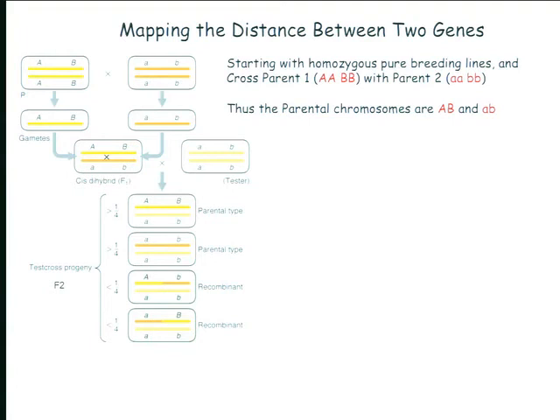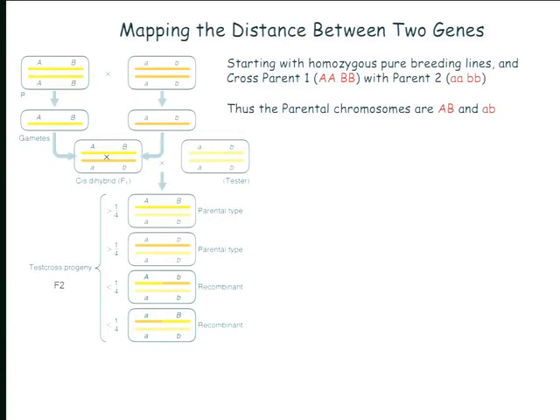Big A, big B from this parent, little a, little b from this parent. So these 2 alleles are going to come together in the progeny. And then we're going to cross these F1 plants back to the tester, which is, again, doubly recessive, little a, little b. And then we're going to look at the F2 progeny of this test cross.